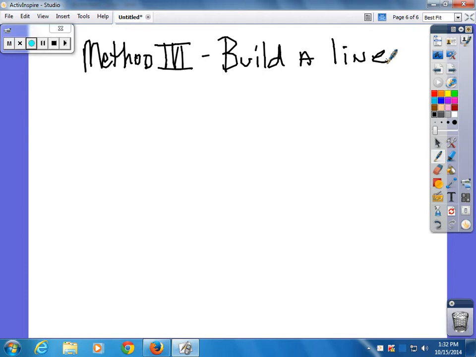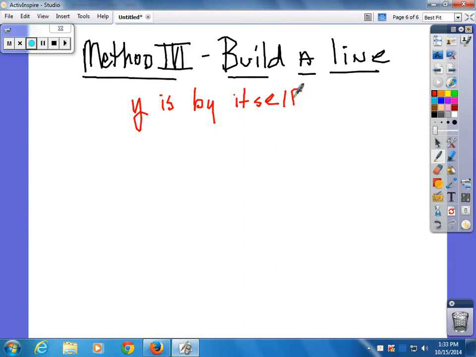Using the slope and y-intercept, because that's what they're going to call it. Now, I tell students that this method is good for two reasons. When y is by itself, but it's the best one to use when you have fractions for the slope.